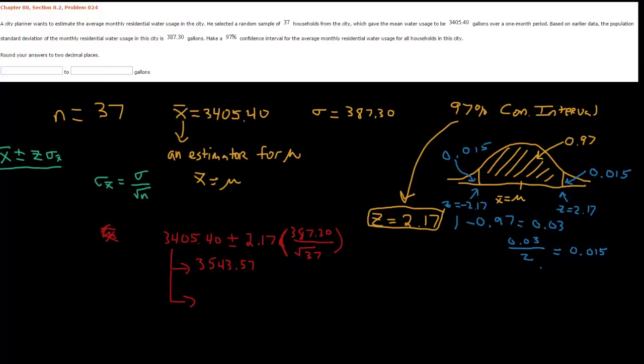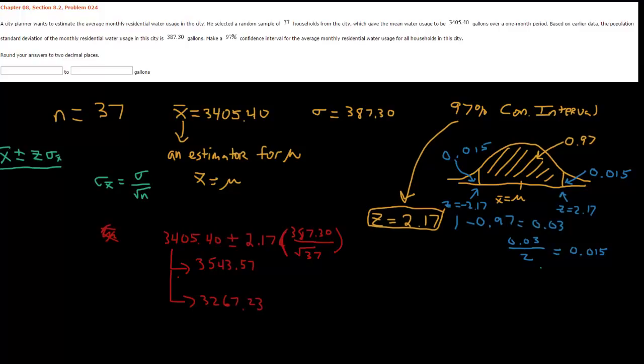Now the other answer is the lower end point, and that is going to be 3,405.4 minus 2.17 times 387.3 divided by the square root of 37. Again, be careful with your order of operations. And for that lower end point, I am getting 3,267.23 if we round to the nearest second decimal place.